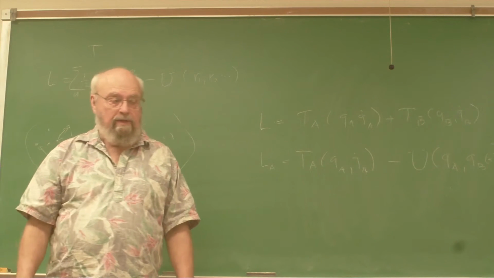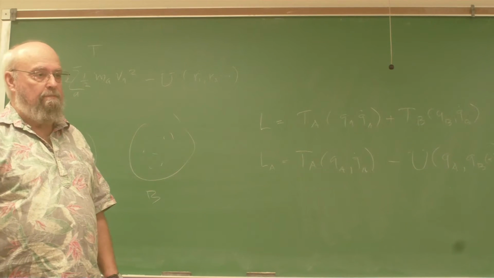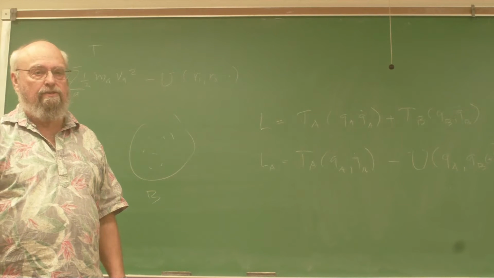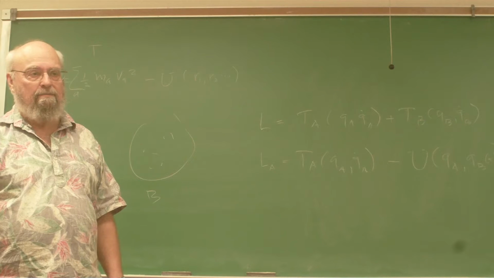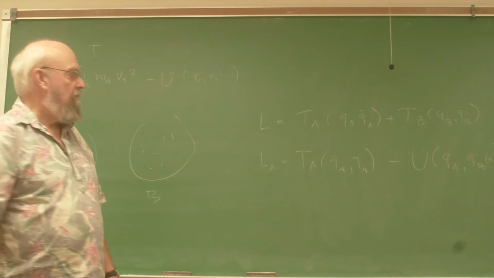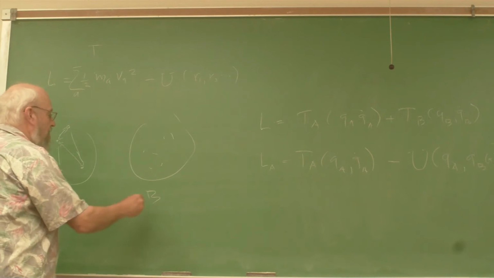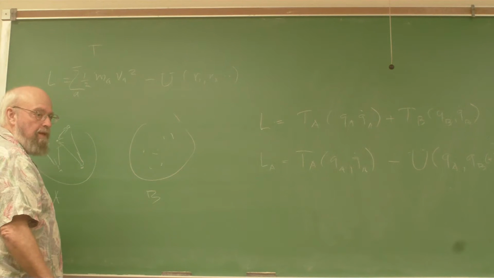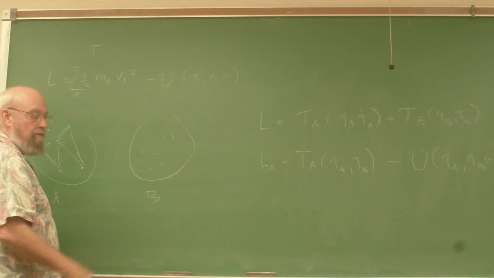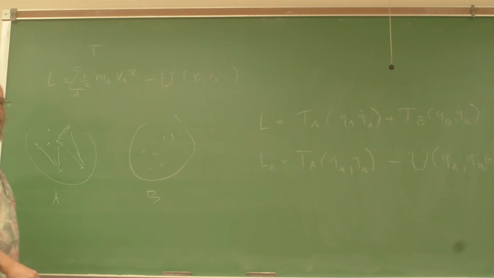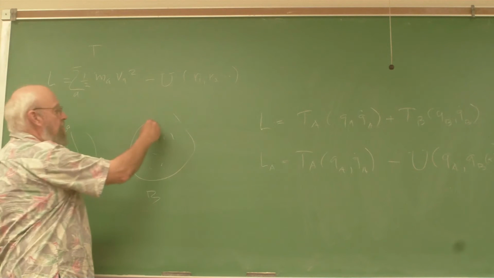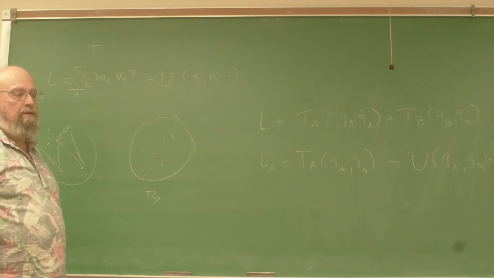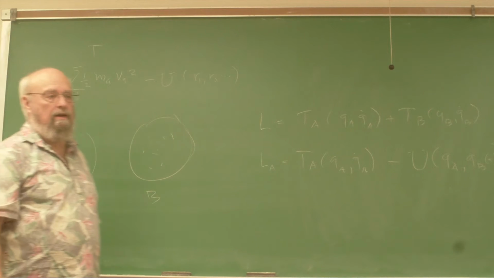So this means that the effective potential energy can be a function of time in this case. For example, suppose that B here is replaced by gravity, the gravity of this cluster of stars, and that this cluster is moving with time. And so the force over here is going to be a function of time.